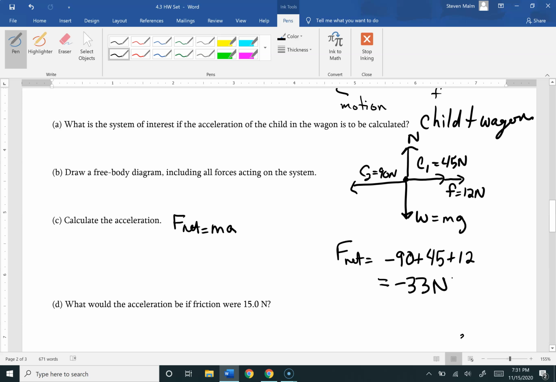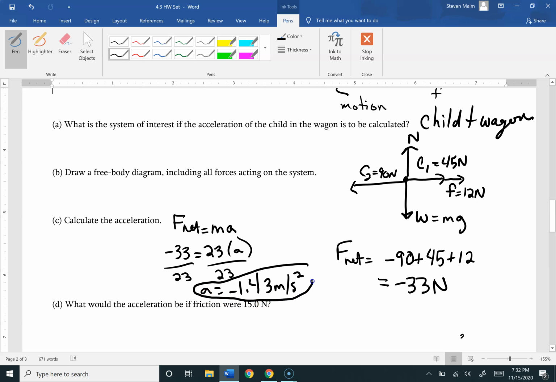From there, we're going to use that negative 33 newtons, set it equal to the 23 kilograms times the a we don't know, and we're going to get a negative 1.43 meters per second squared as the acceleration.